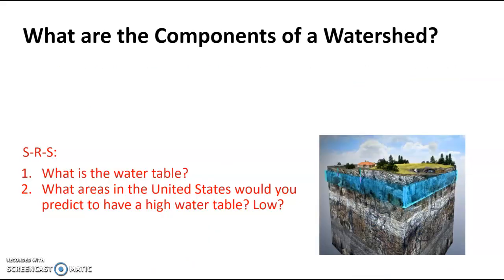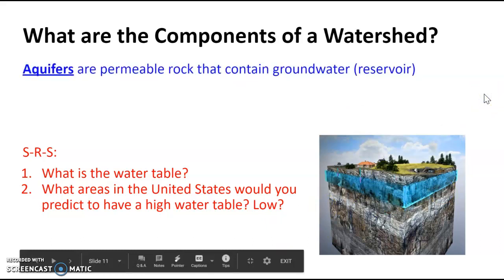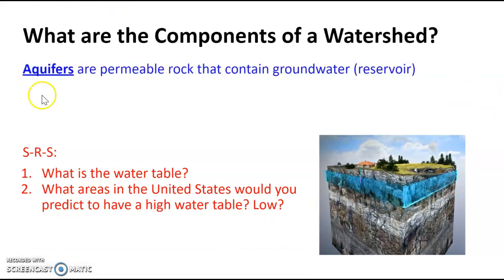All right, so the next part I want you to think about is what a water table is and what parts of the US would have a high or a low water table. So an aquifer is a permeable rock that contains groundwater. So it's a rock, it's solid, but it has microscopic little holes between the particles.